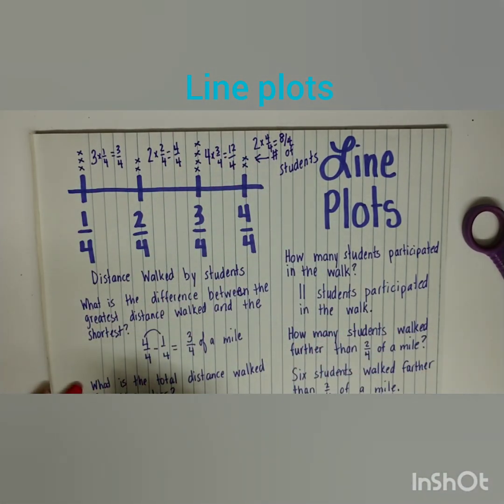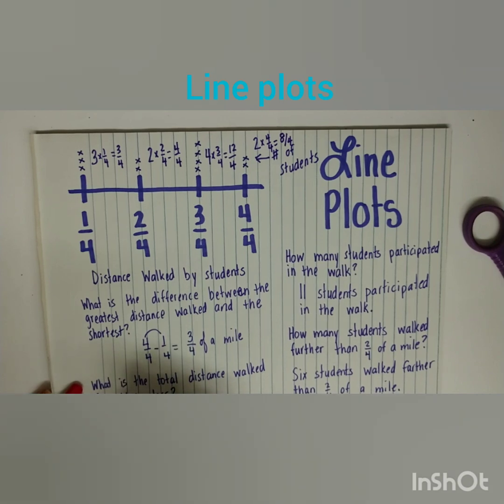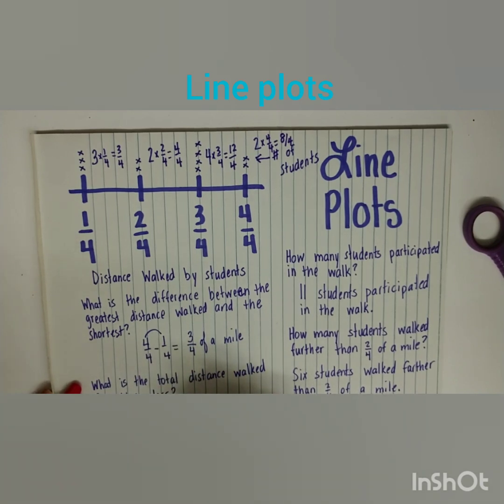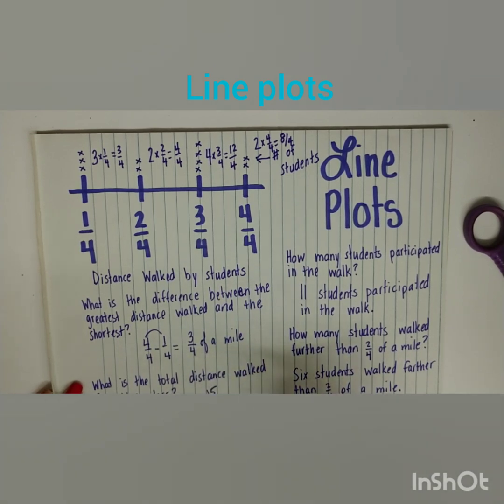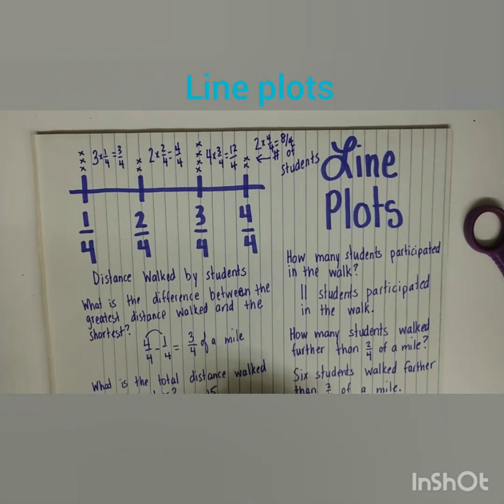So that is 3/4 plus 4/4 plus 12/4 plus 8/4 equals, denominator stays the same, 3 plus 4 is 7, 7 plus 8 is 15, and 15 plus 12 is 27. So 27/4 miles. And I say miles because 27 is greater than 4.